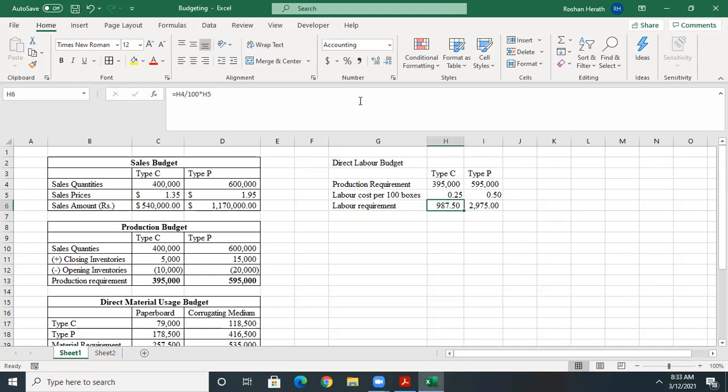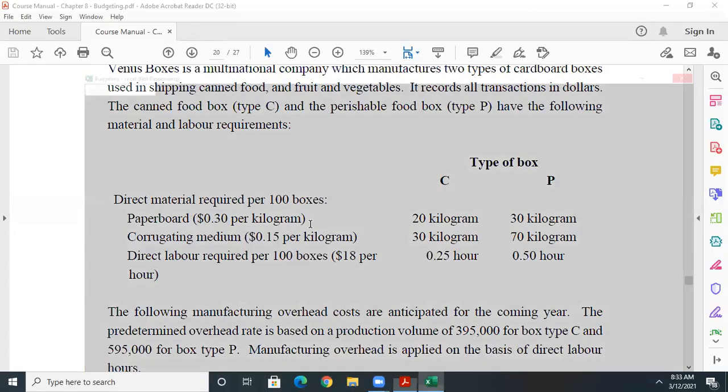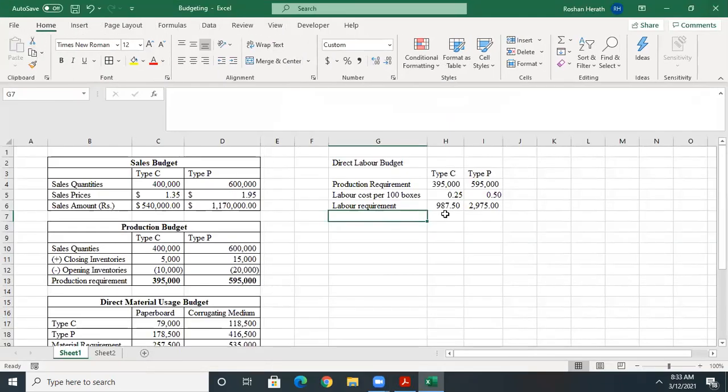So if you want to express them in terms of rupees, you can get the labor cost. It's $18 per hour. So once you have figured out the number of hours that is required, then you can multiply it by $18. So wait a moment. Okay, fine.